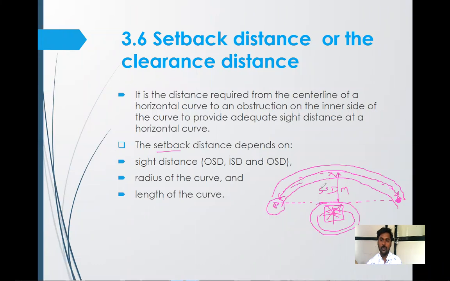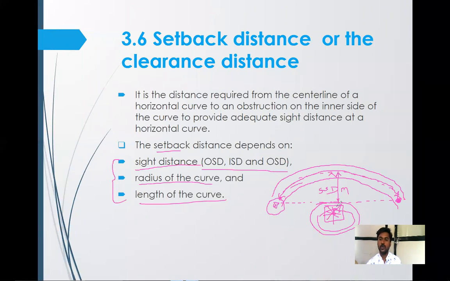And on which basis is this setback distance decided? The setback distance depends on the sight distance, that is SSD, ISD, OSD: stopping sight distance, intermediate sight distance, overtaking sight distance. Then the radius of the curve and the length of the curve. On these three criteria, how much setback distance should be provided depends.